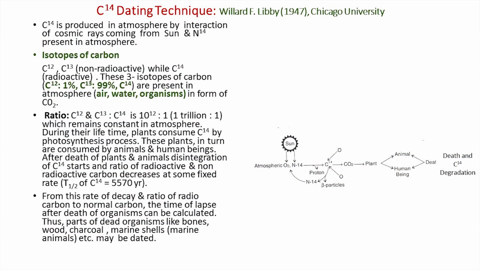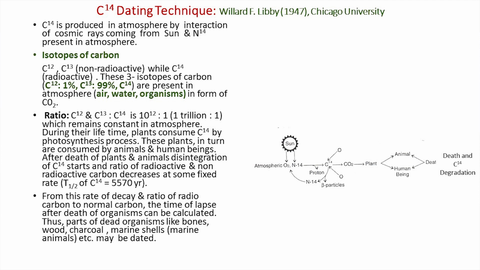This technique was developed by Willard F. Libby of Chicago University in 1947. There are three isotopes of carbon: C12, C13, which are non-radioactive, while the C14 is radioactive. These three isotopes of carbon, that is C12 is present in the atmosphere only 1%.